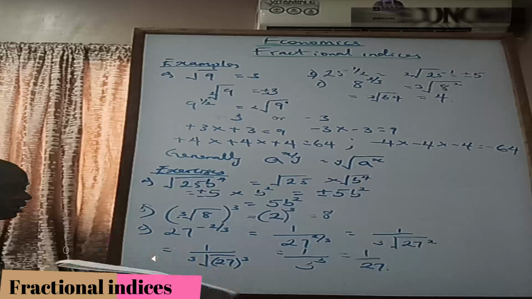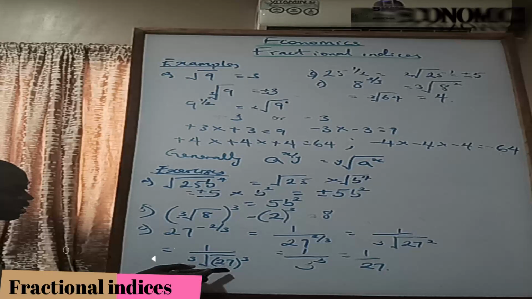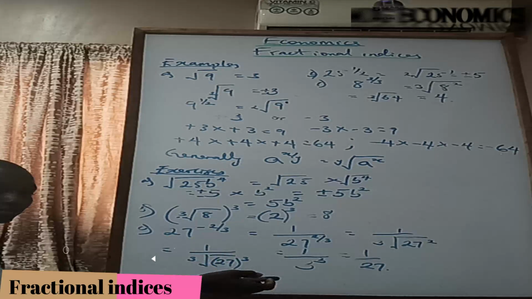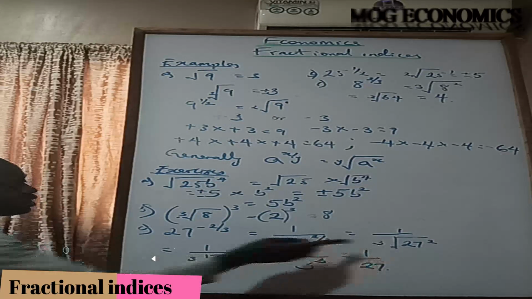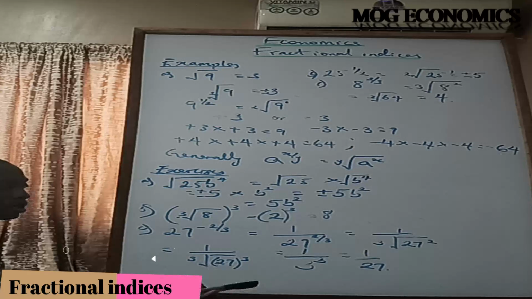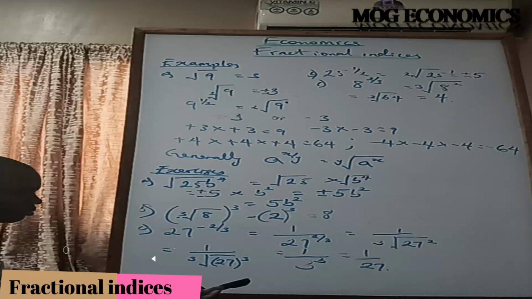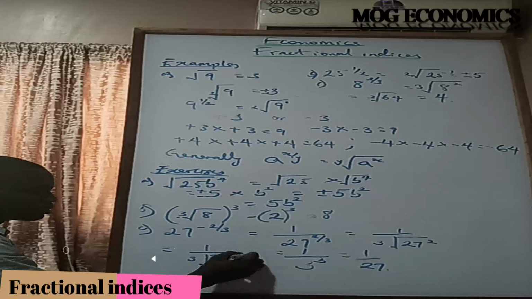Or you could have decided to also do 27 times 27 times 27. Alright. So in this case, if I decided to do 27 times 27, I'm going to get a number. No, sorry. This is meant to be 1 over, this is square, sorry.